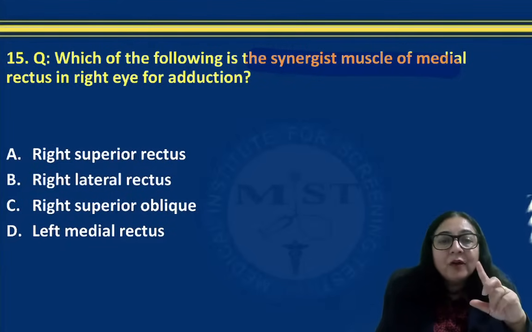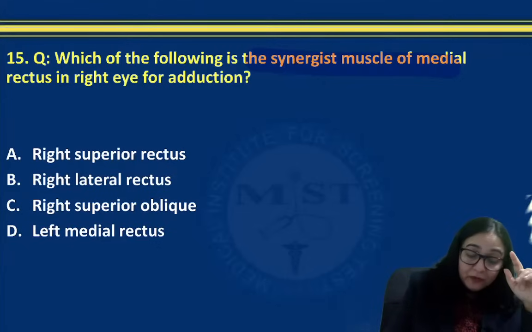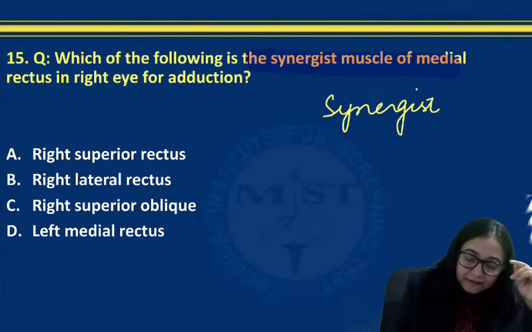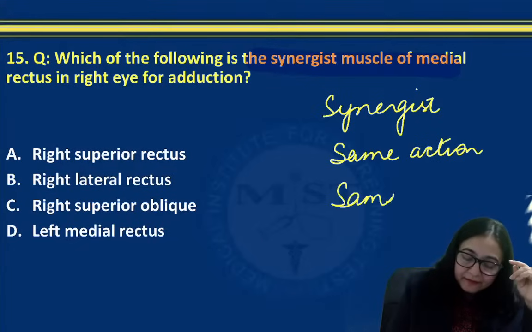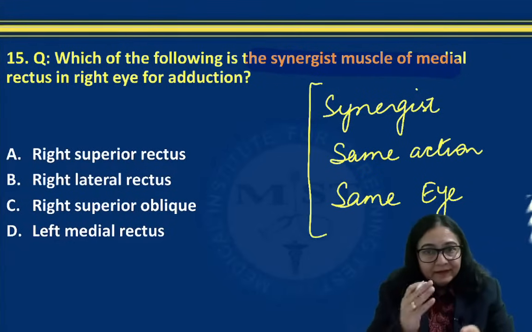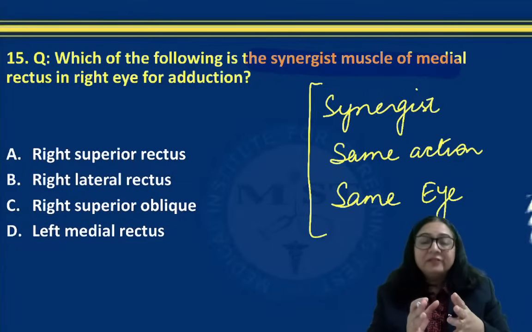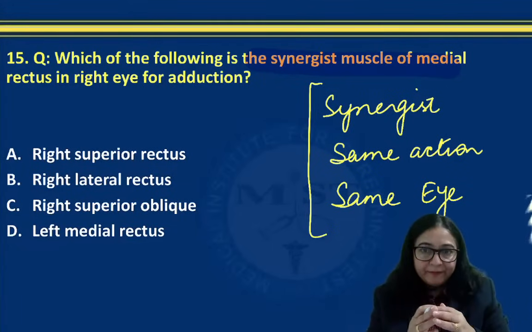Simply I say, synergist muscles mean same action, same eye. SSS. So a muscle which is doing same action in the same eye will be synergist. That will be a synergist pair.